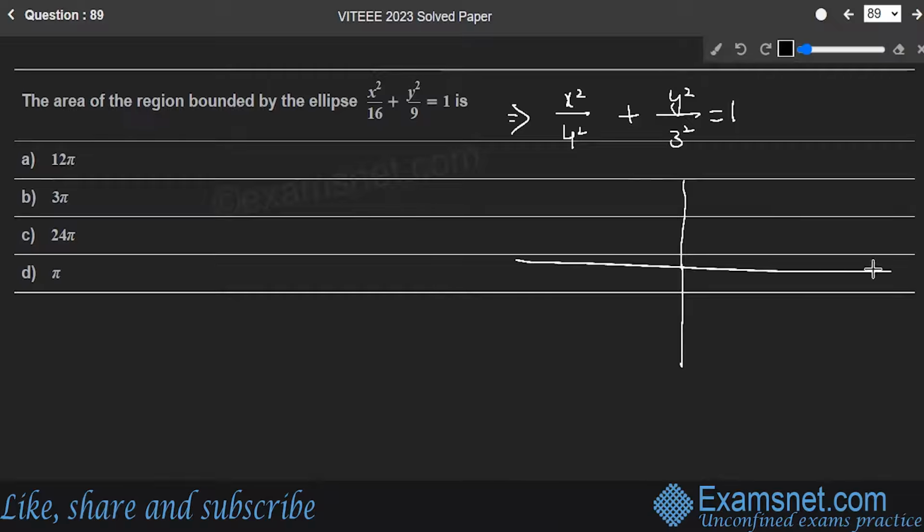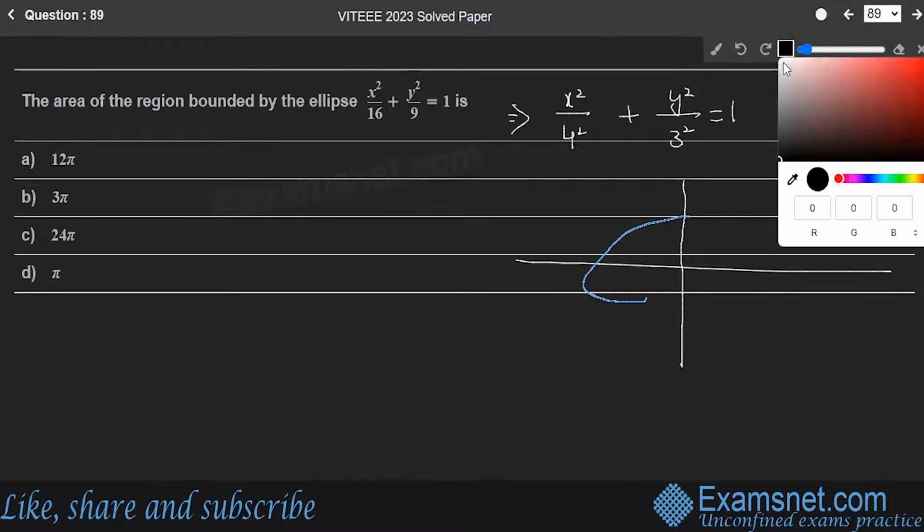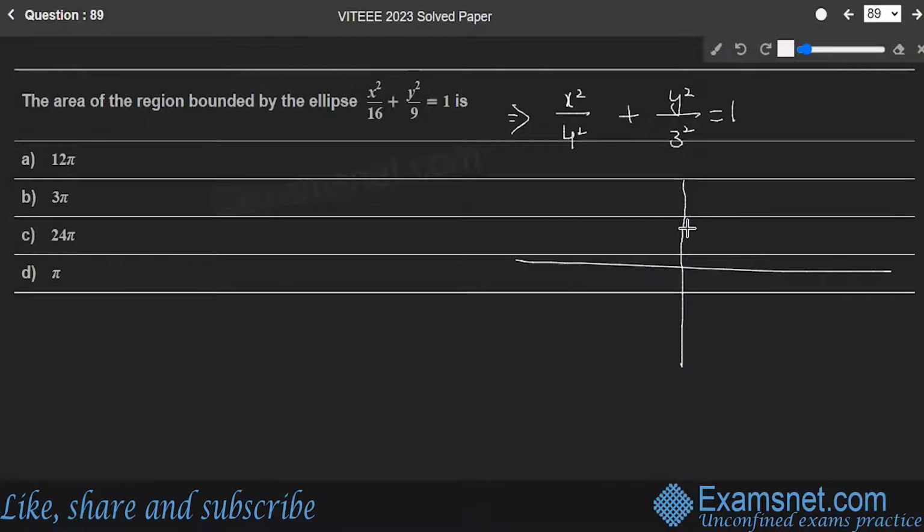Let's see. So this is the given ellipse. Okay, I am not so good with making it, but okay, this is the ellipse. Let's say this is the point A. This is given by 4 comma 0.